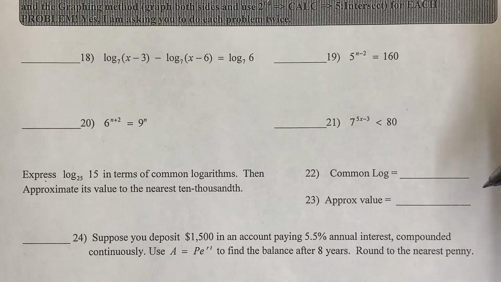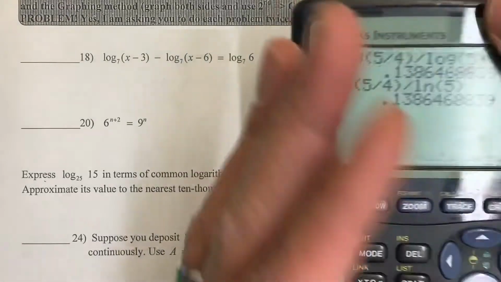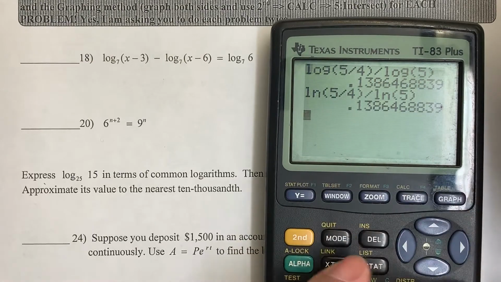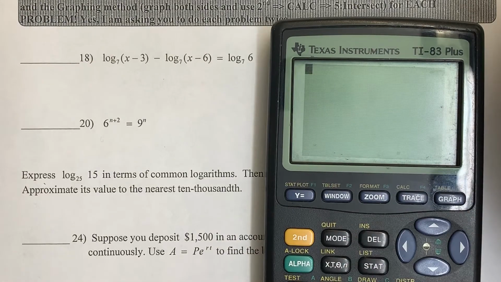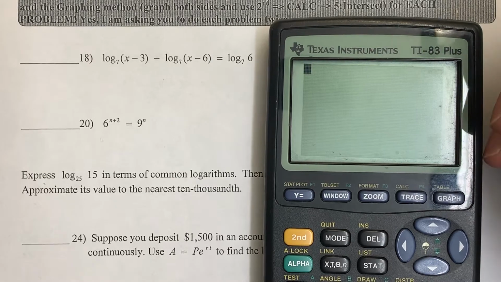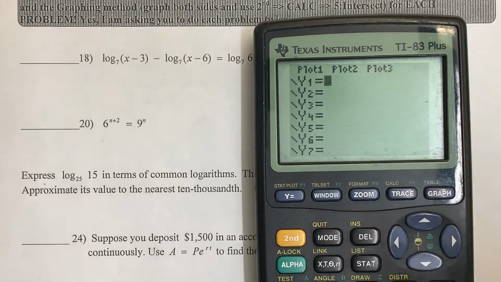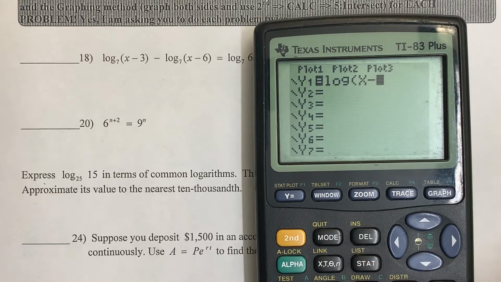And again, can we do these algebraically? Yes, we can. They're kind of a pain a lot, even with my skills, so we're not going to really beat that one too hard unless you want to watch the algebra video, at which point, please go watch that and enrich yourselves. But for the calculator portion, we're going to graph the left side, which is log of x minus 3 divided by log of 7.